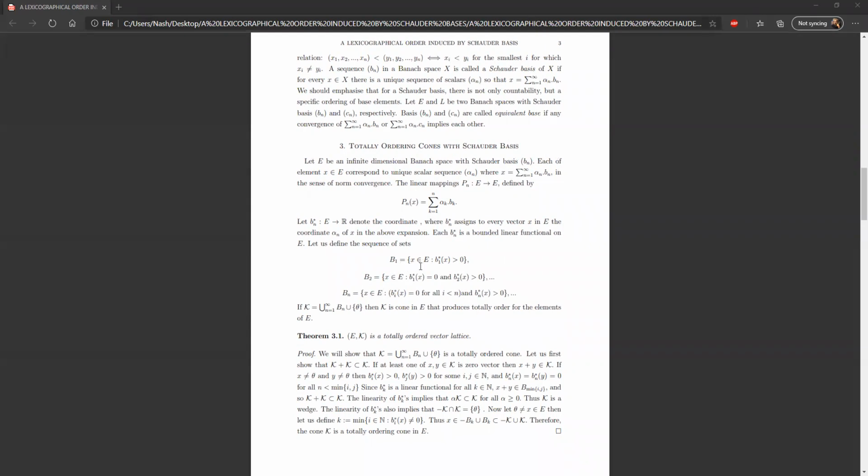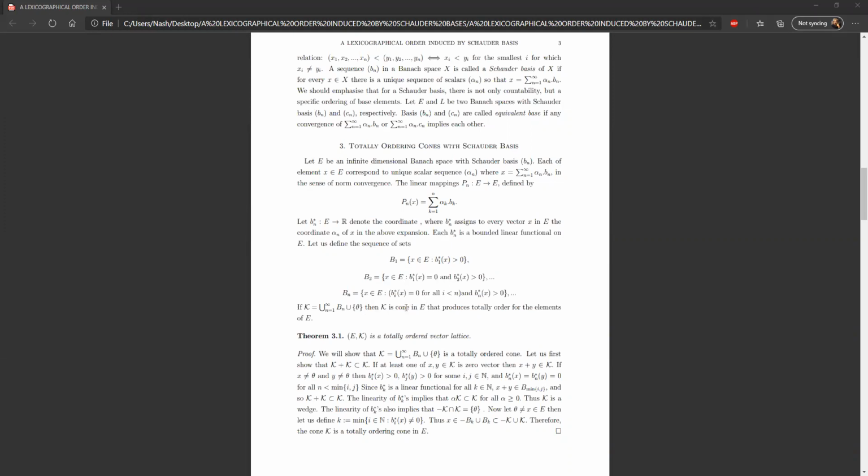So B1 will consist of the vectors in E which have positive first projection. B2 is going to be a subset of vectors whose first projection has to be 0, and the second projection must be greater than 0, and so on.